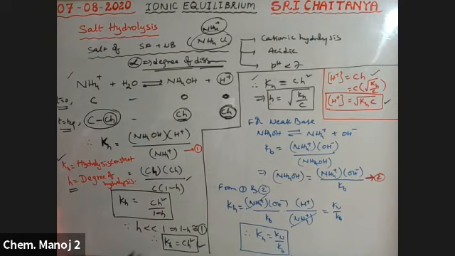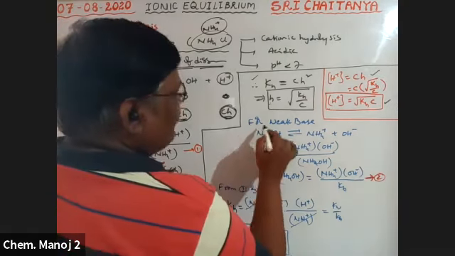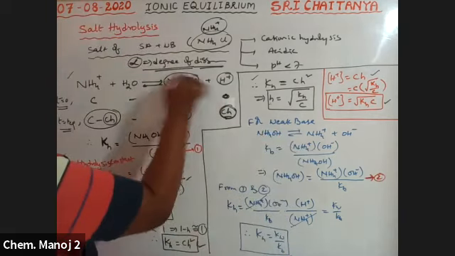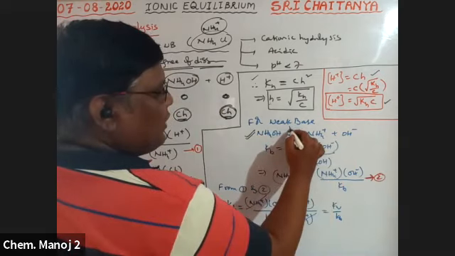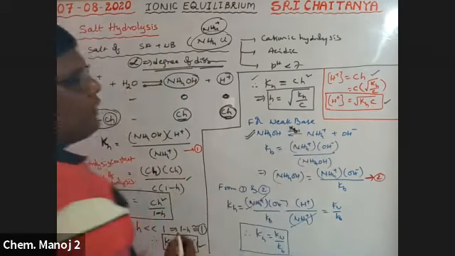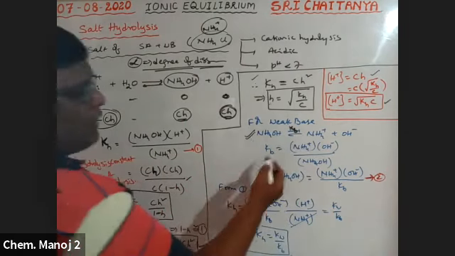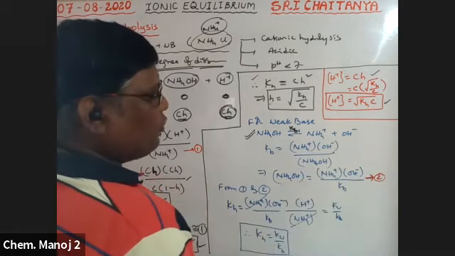Next, we continue with the weak base. For a weak base there is a dissociation constant Kb. Kb is equal to NH4 plus into OH minus concentration divided by NH4OH concentration.